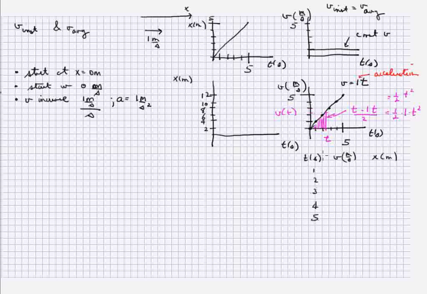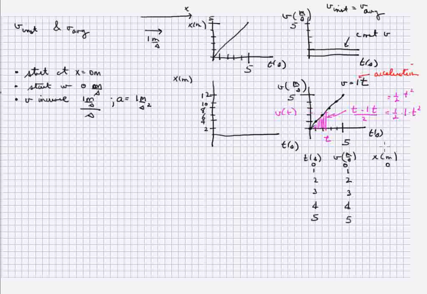Start at 0 here. I'll squeeze 0 in up at the top. So at time 0, my velocity is 0, and I'm at position 0 to start things off. 1 second later, my velocity is 1 meter per second. 2 seconds later, it's 2. 3 seconds later, it's 3. 4 seconds later, it's 4. 5 seconds later is 5, according to this function right here.